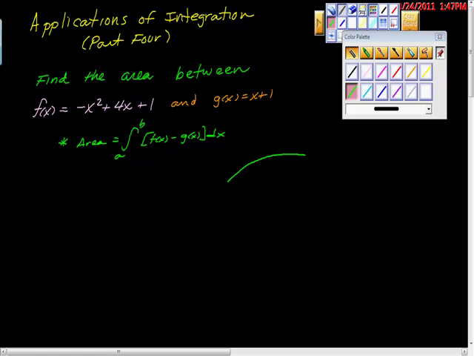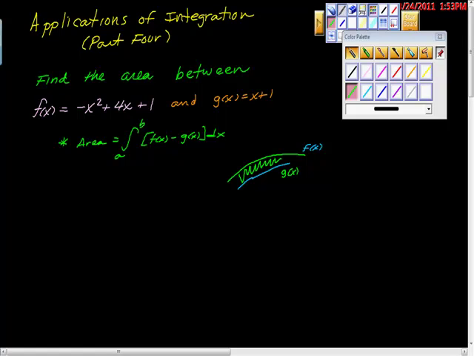One function maybe does this and another one possibly does that. Without regard to what they're named, the one that's on top on the interval we're interested in is f of x, necessarily, and the one underneath is g of x, because we're looking for the area between the two.